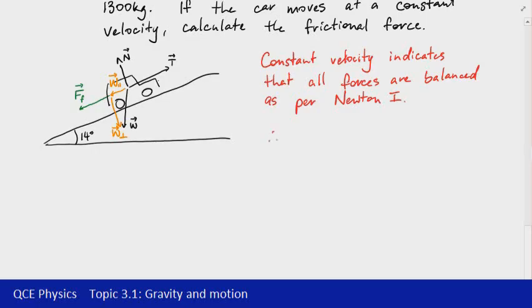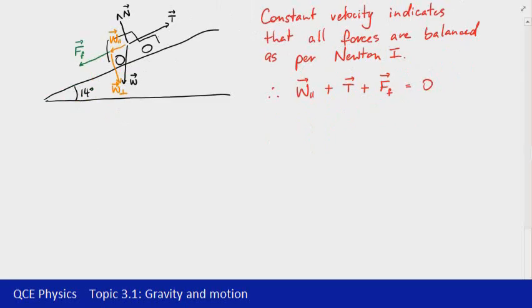So we can say then that the parallel component of the weight plus the tension plus the frictional force are going to add to 0. So there's no unbalanced force acting in this scenario.